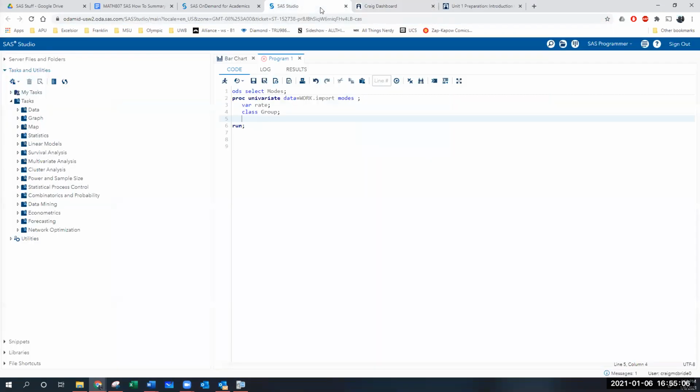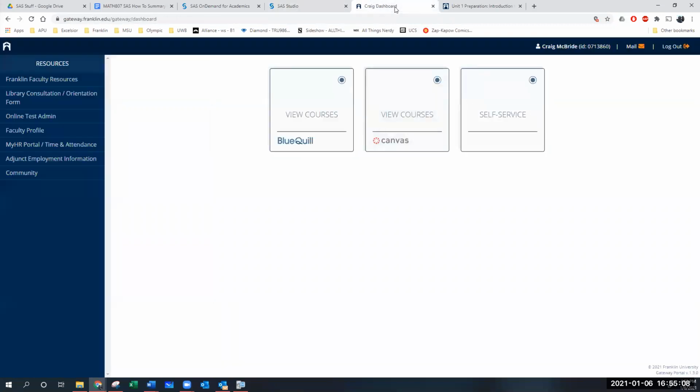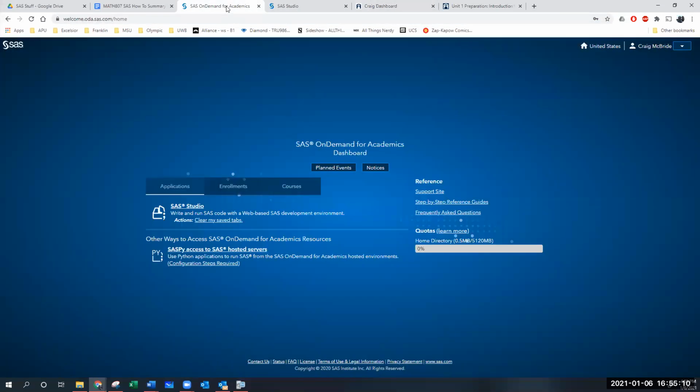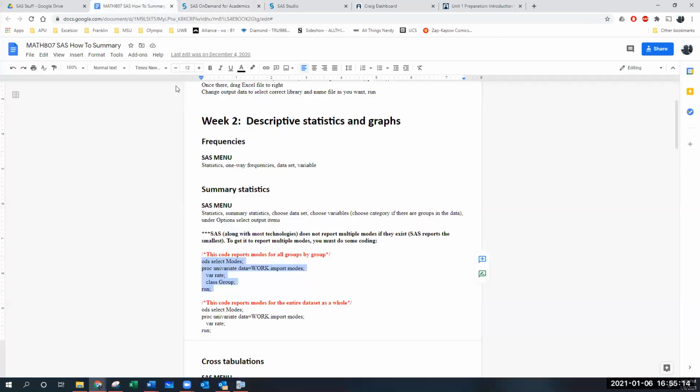And if one of you figures it out, then paste your code to the discussion board, and I'll add it to the set. Like this code for modes, this came from a student a couple terms ago. She was just a spitfire with code. She loved the idea of code and wanted to play around with stuff.